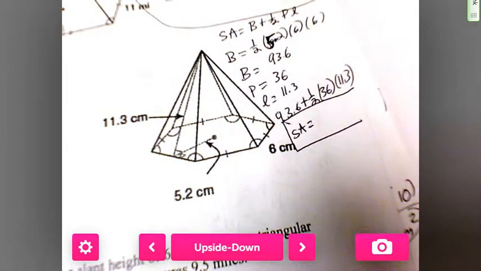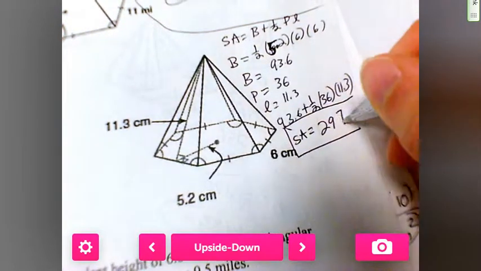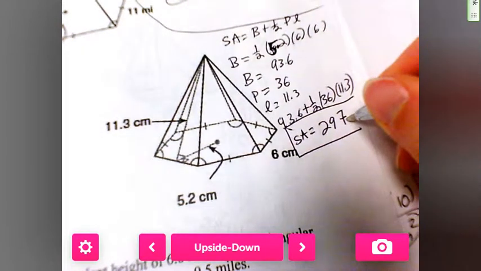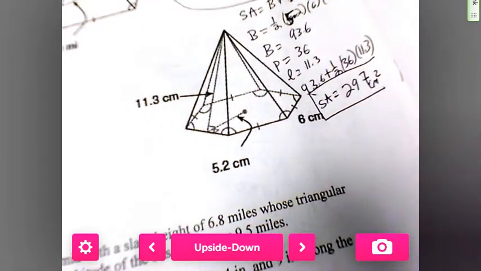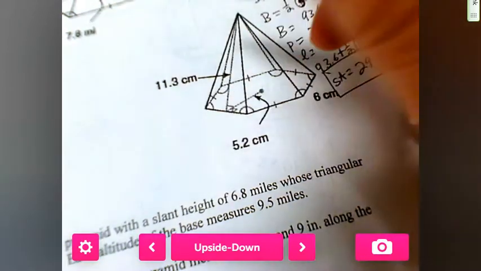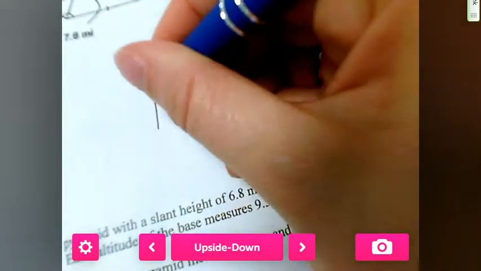What'd you get, guys? 93.6 plus 36 times 11.3. I get 297. And that's centimeters squared.